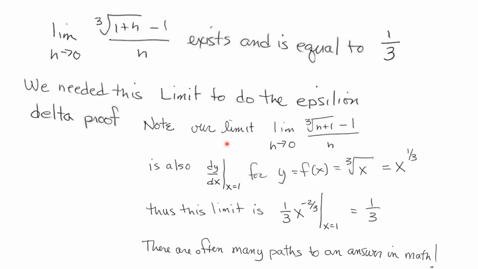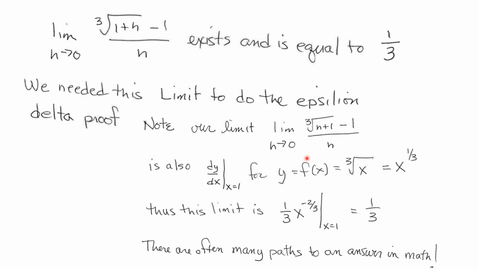So note our limit of this, and this is a little bit of an aside, but it is another way you could have gotten at the limit without using the squeeze theorem. You see, this limit, the limit as h goes to 0 of the cube root of 1 plus h minus 1 over h, is also the derivative of this function, the cube root of x, evaluated when x equals 1.